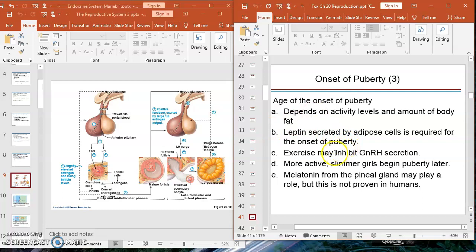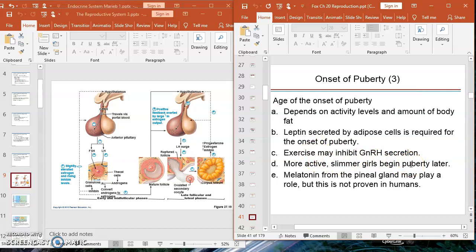Now, women that exercise a lot generally have less body fat, and so their puberty is somewhat delayed in many cases. So the more active, the slimmer the female with less adipose tissue, the puberty seems to be delayed.